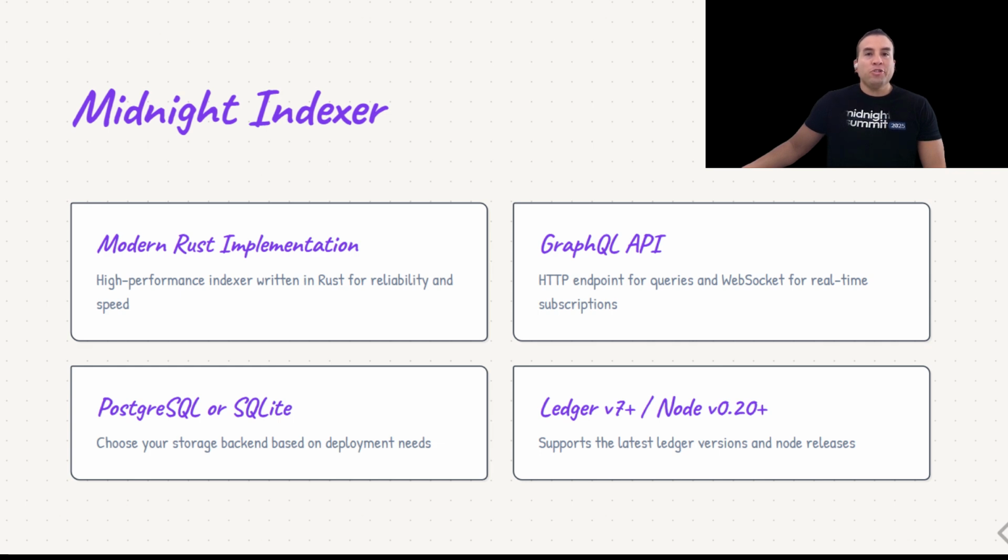For storage, you get to choose PostgreSQL for production deployments or SQLite for quick local deployments. Remember, the indexer on port 8088 from our wallet CLI workshop, that's the exact indexer running in a Docker container alongside the node and proof server. The CLI uses this same indexer to check your balances.